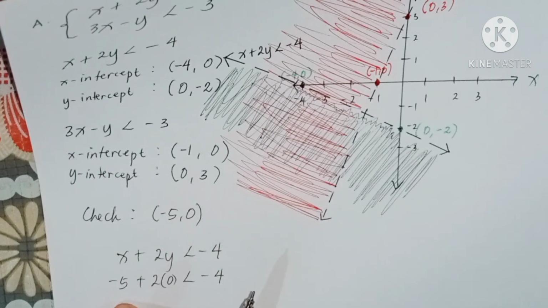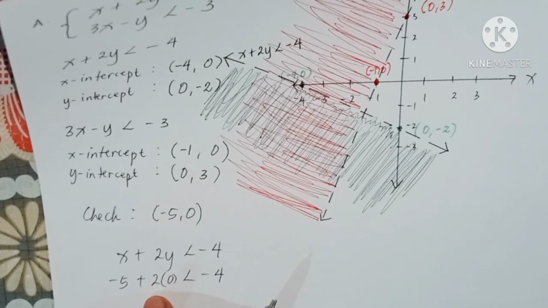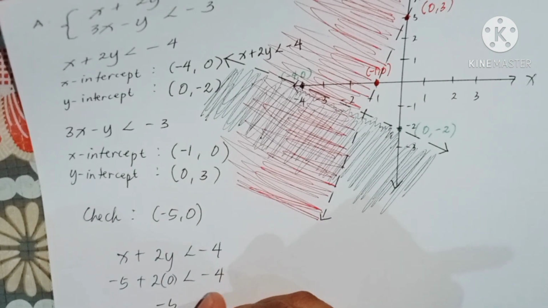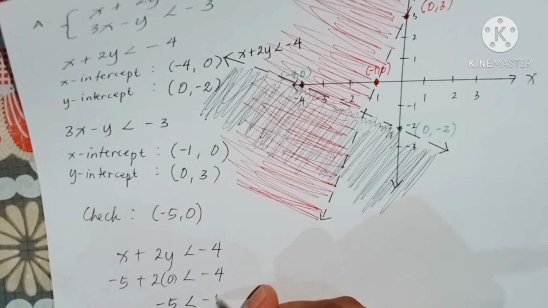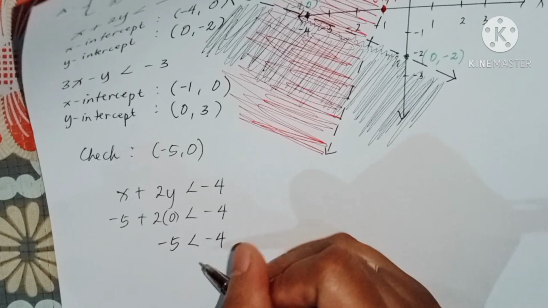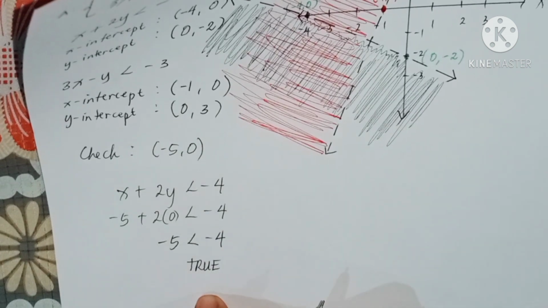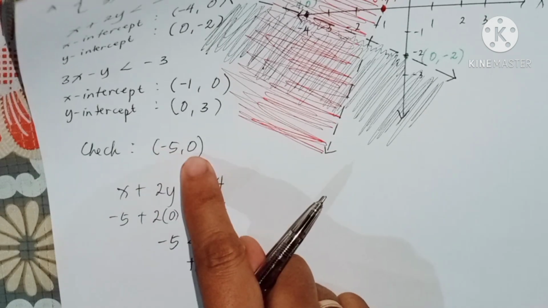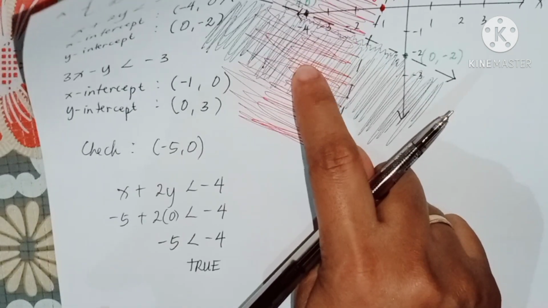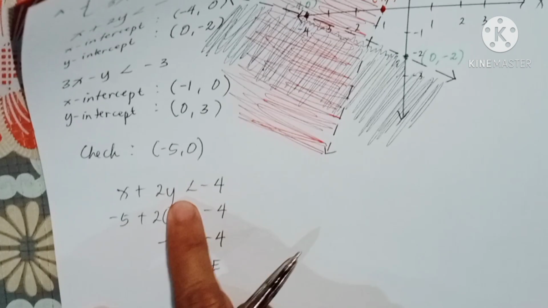So negative 5 plus 2 times 0 is 0. So this will give you negative 5 is less than negative 4. So is negative 5 less than negative 4? True. So it means negative 5, 0, which is here, is a solution of x plus 2y less than negative 4.